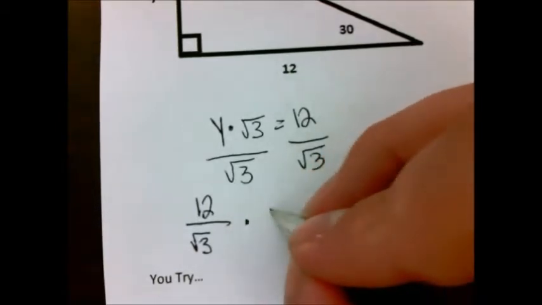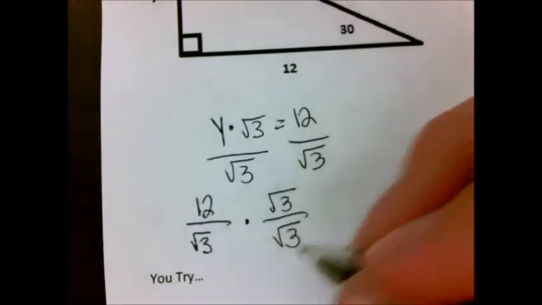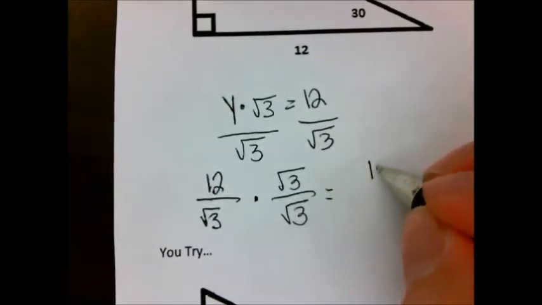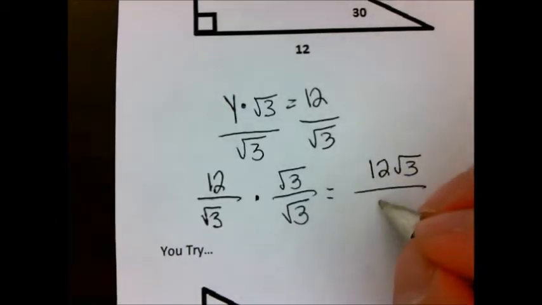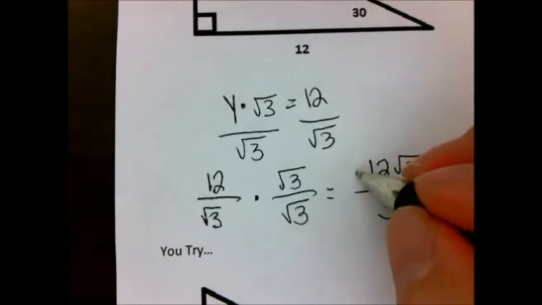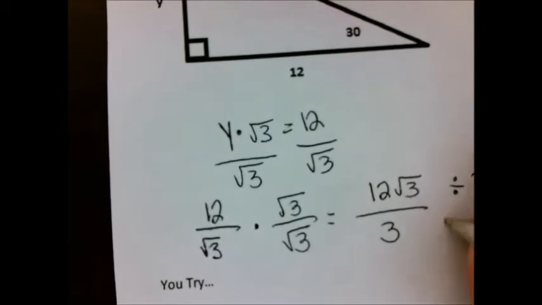So we're going to multiply the top and the bottom by the square root of 3, which should give us 12 square root 3 over 3. Now, since the top and bottom can both be divided by 3, we're going to reduce this down.